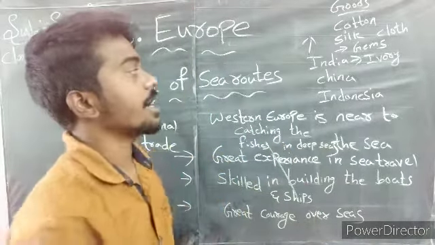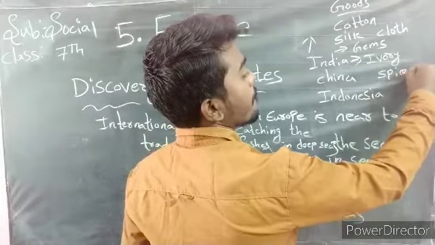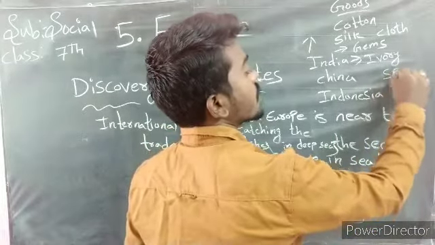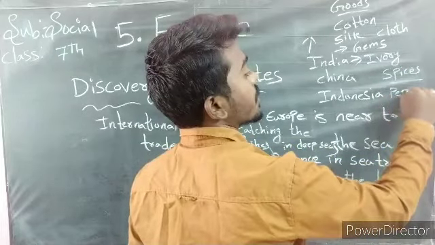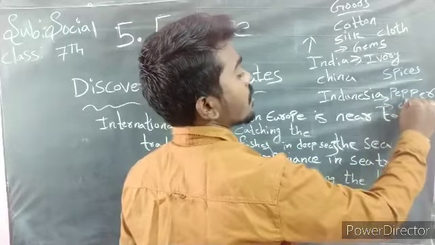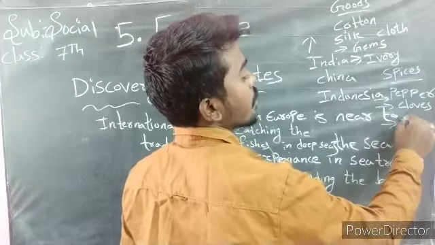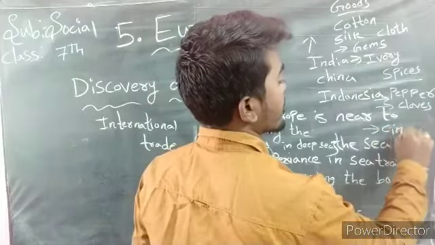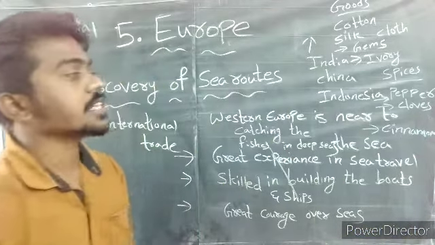And also they took spices such as pepper. Pepper means miriyalu. Cloves means lavangalu. And cinnamon means dalchin chekka.